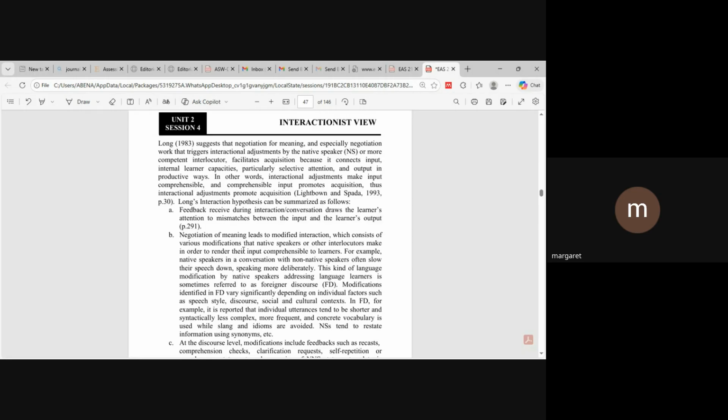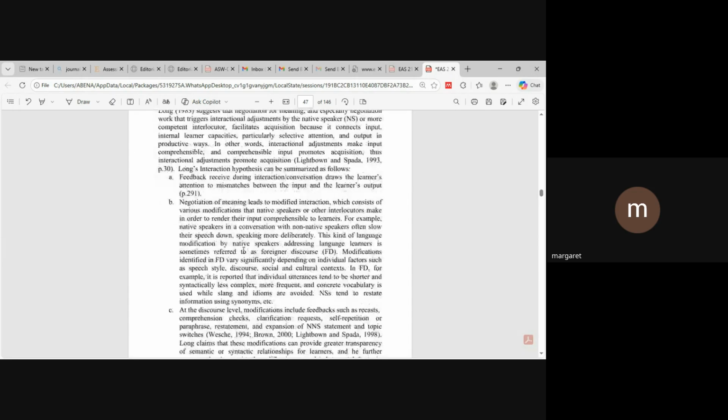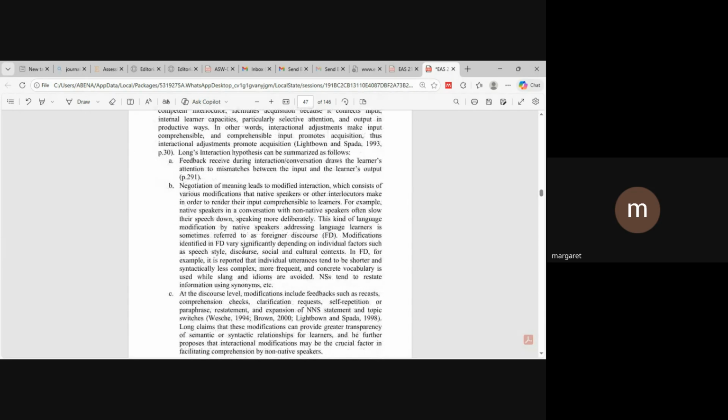And also we said that, at the discourse level, let me emphasize that an essential part of the interactionist theory is the issue of discourse. By discourse, we mean verbal interaction, where parties are involved and there's an exchange of meaning.